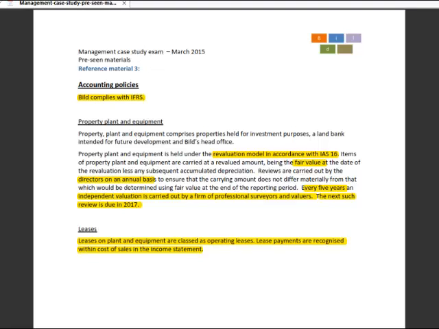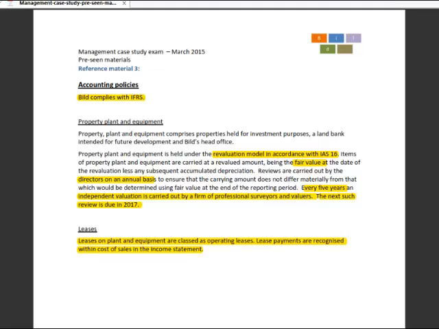We've said we need to check what the standard says about that, and to ensure the carrying amount doesn't differ materially from fair value. Every 5 years, an independent valuation is carried out by a firm of professional surveyors. The next review is due in 2017, so by deduction, we could say the last review is 2012. Has that got anything to do with the start of the share price reduction?